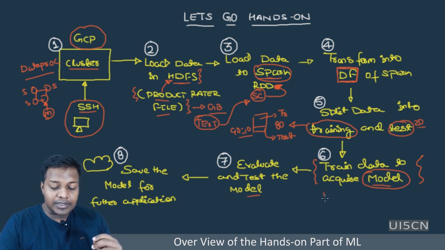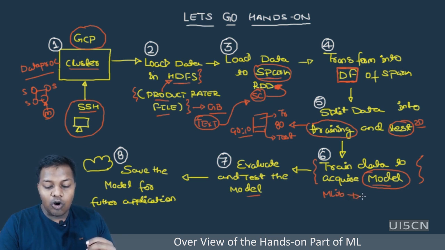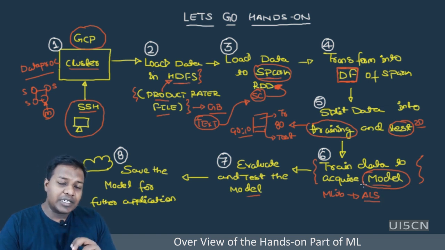We will use the Spark MLlib library, and inside MLlib there is a module called ALS, alternating least squares, which will be utilized to fit the training data and all the parameters, and we'll start training on the data set to create the model.